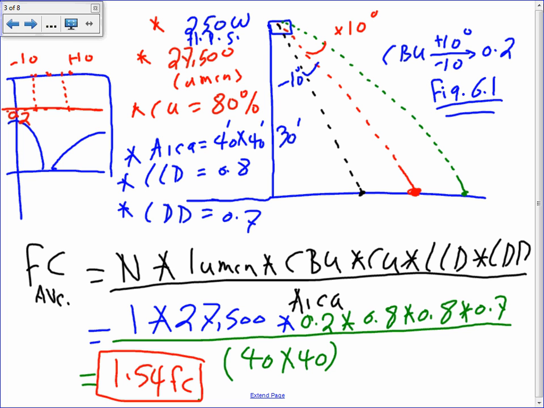And here's the graphic. For the coefficient of beam utilization, I'm going to aim 10% above and 10% below that line that you're looking at.